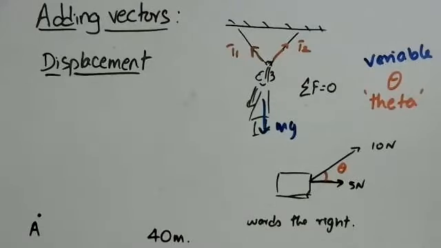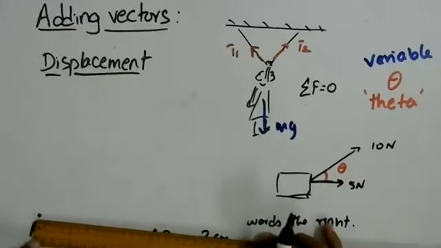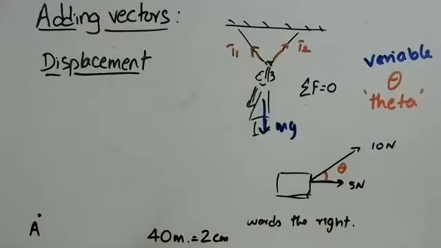So let me scale it 10 meters. I'll say that 2 centimeters is equal to 40 meters. So how many centimeters do I require? Sorry, the scale is 2 centimeters is equal to 10 meters. So 8 centimeters.